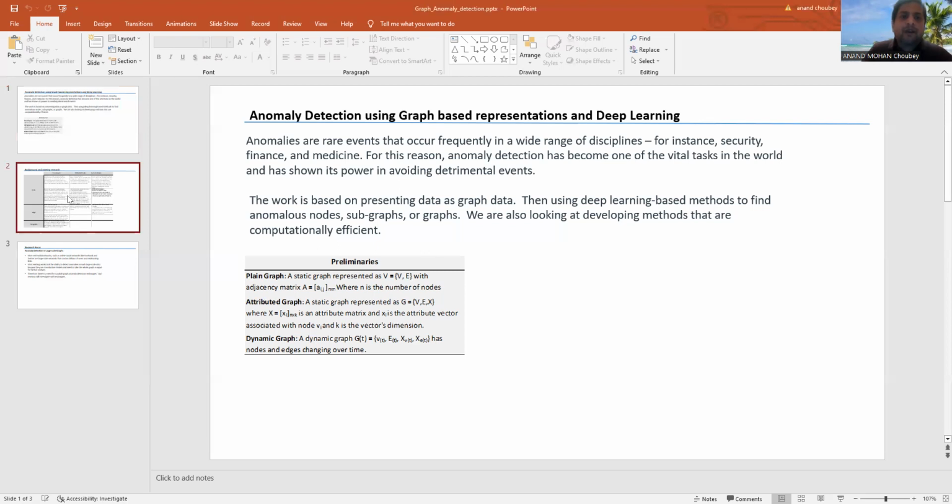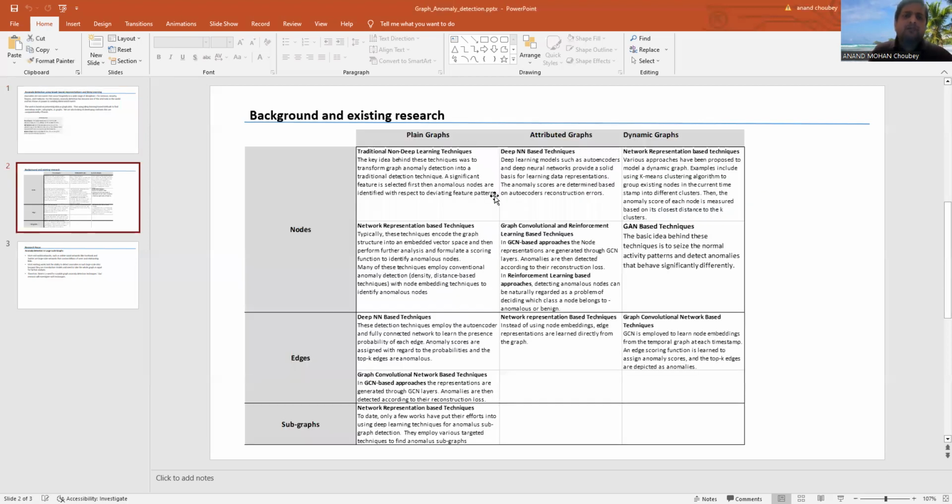Just to provide some background on the research that has already been proposed and the techniques that have already been implemented, we can summarize it using this table, in which across columns we have various representations like plain graphs, attributed and dynamic graphs, and across rows we have different types of anomalies being detected.